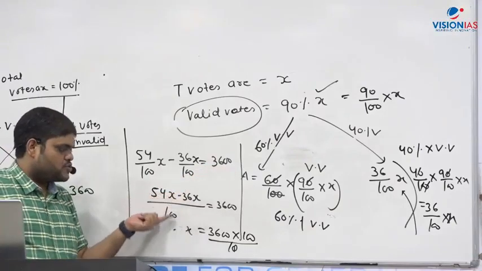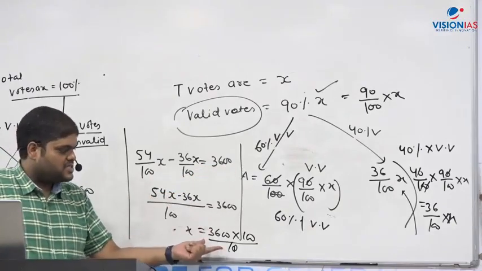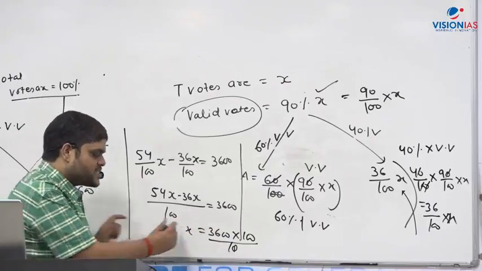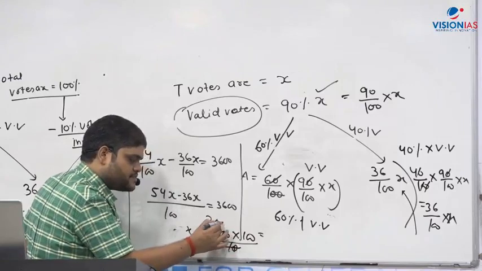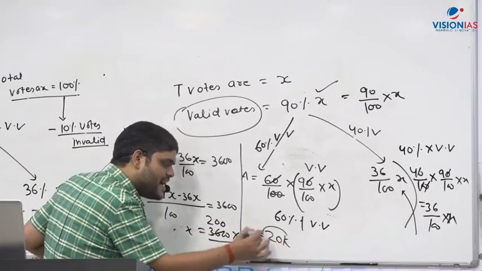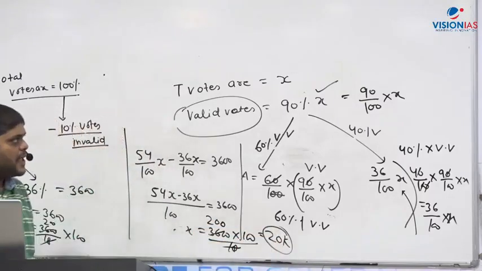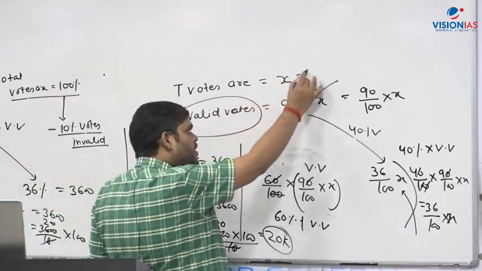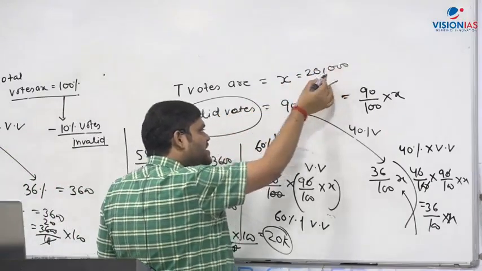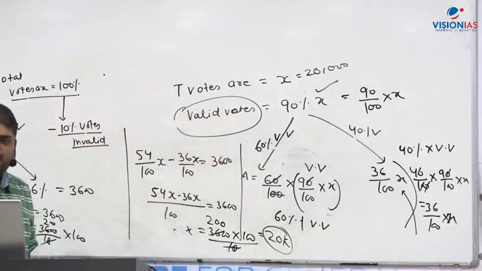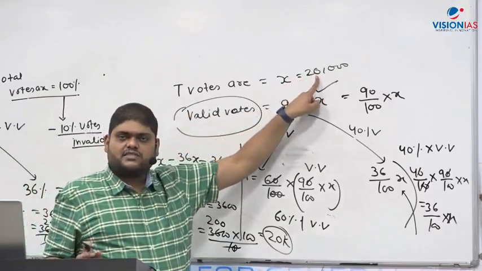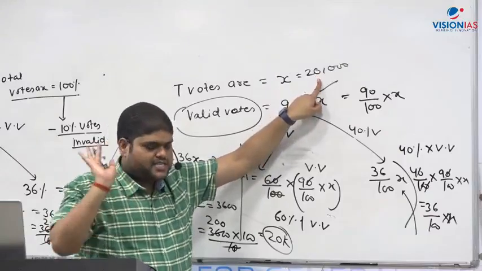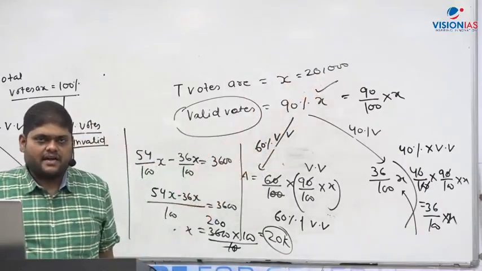Now if you solve all this, the x value I will get as 20,000. So now the total vote becomes 20,000. Now you can find out anything from here. If they ask valid vote, 90% of this; invalid vote, 10% of this, and the answer will be done.